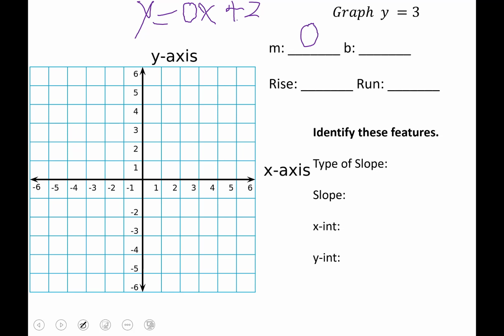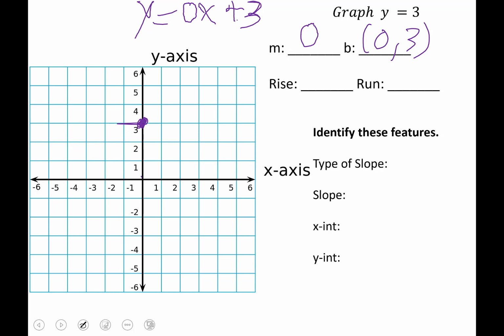Okay, which makes my y-intercept the point 0, 3. So that means from the center, I'm going to go up to 3 and put a dot. Now what does this mean for my slope?